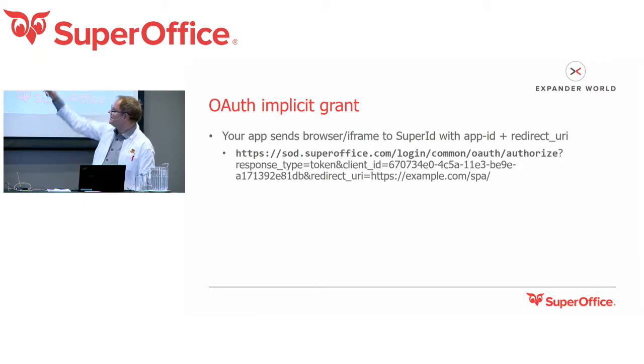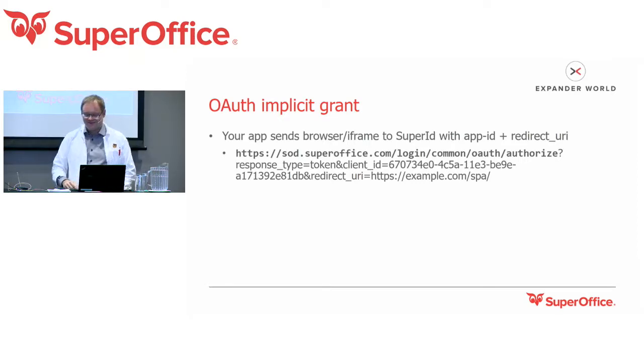Here is my client ID. This is not the secret, but your public identifier, because this goes out over the internet to the client. And then it says redirect, when you're finished authorizing, go back to this URL with some additional information.